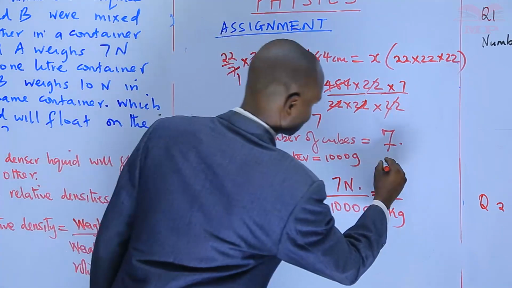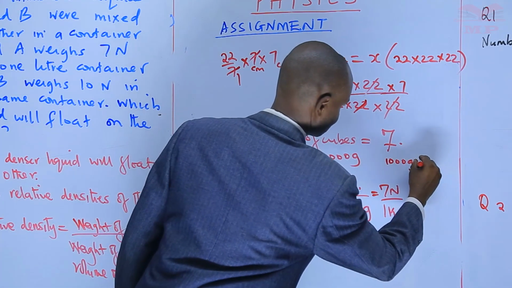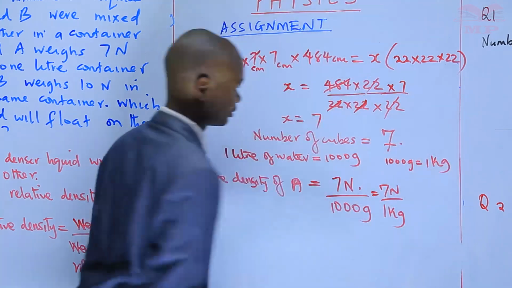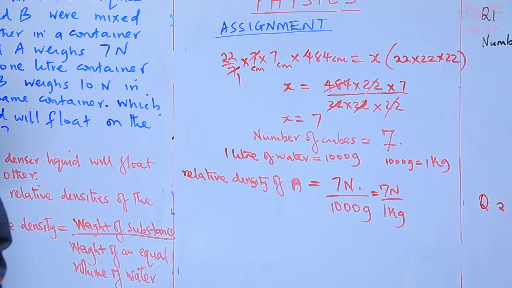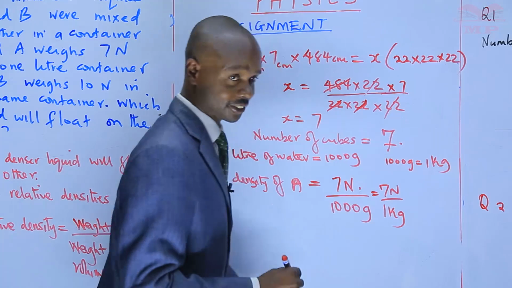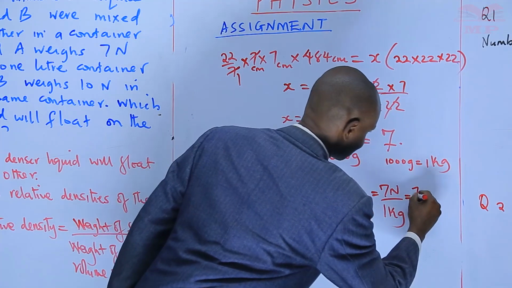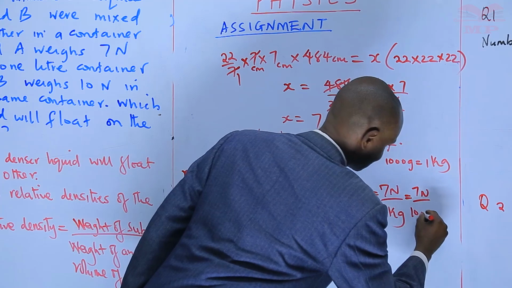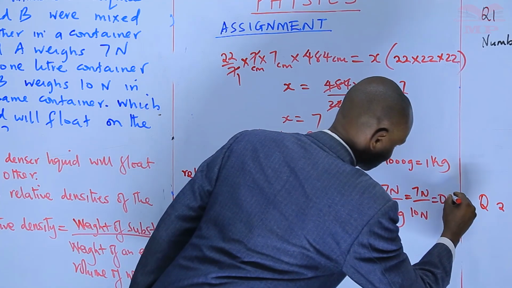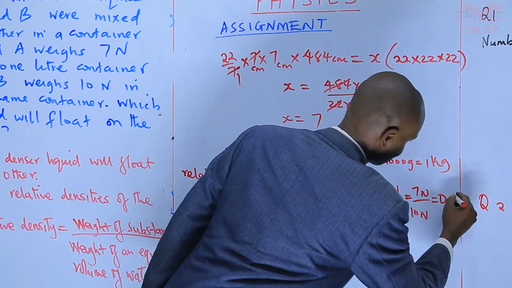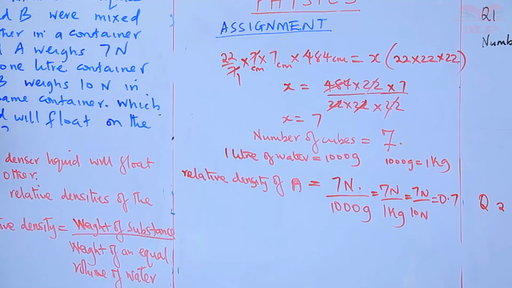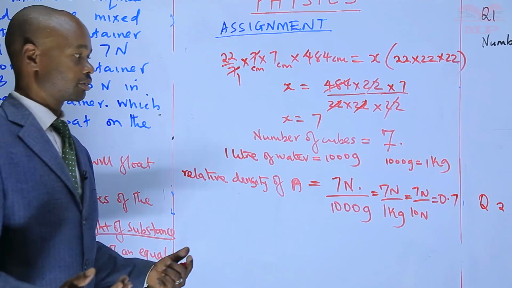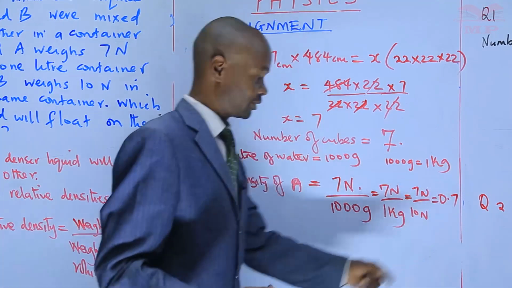Because you know 1,000 grams is equal to 1 kilogram. I have to convert again to newtons. So it will be 7 newtons over 10 newtons, which is 0.7. So once you've got relative density, you just put their units.